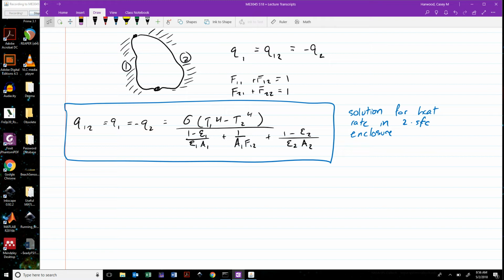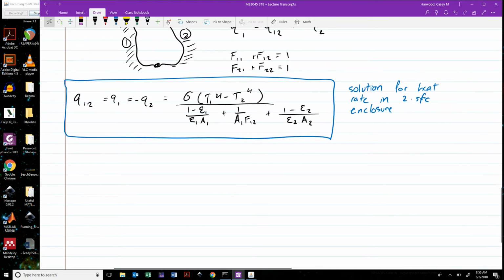So F12 and F21, respectively, are both equal to 1. That further simplifies this equation, and you end up with a really simple version that can be found in a table I showed you at the end of last lecture. So let's do a very similar example to the one on the homework.